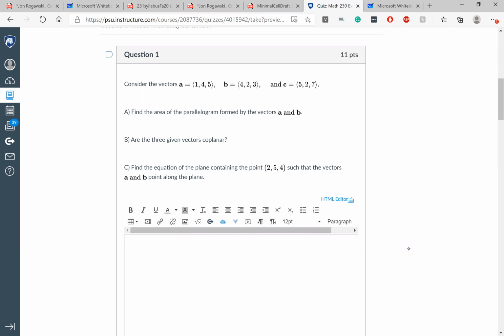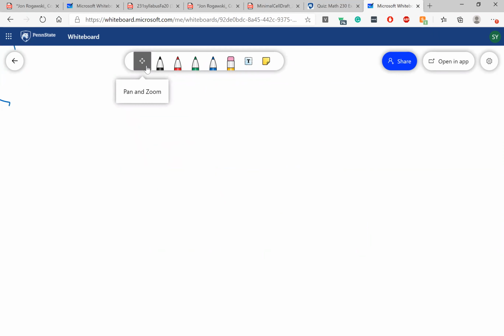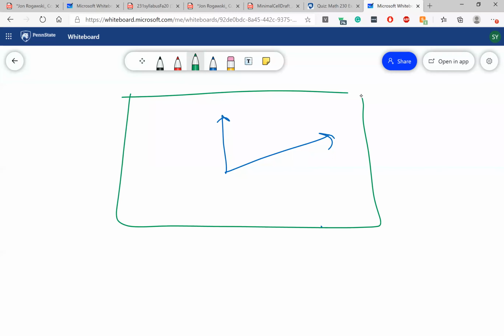Okay, so find the equation of the plane containing this point such that the vectors point along the plane. Again, similar strategy to what we just did with the line. We have two vectors, so we want to find the plane that contains these two vectors. What we can do is find their normal vector, and that will give us the plane.